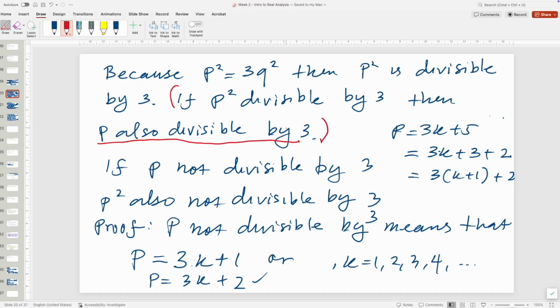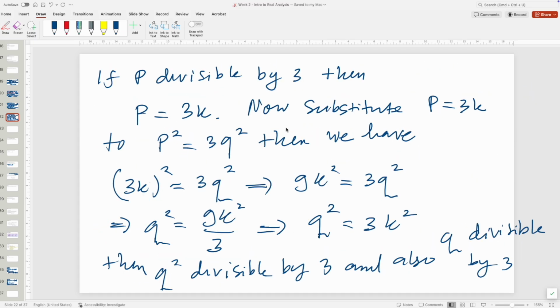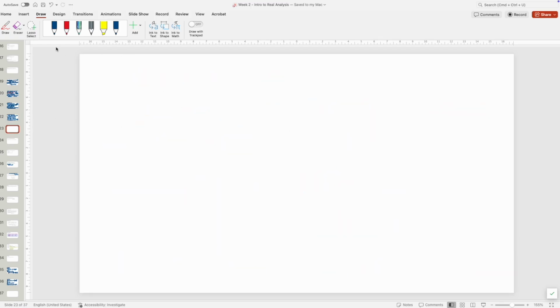You get the contradiction? We assume that p and q must be relatively prime. Okay? And then we get the fact that p is divisible by 3. And then, assuming again p divisible by 3, substitute, we get another fact that q is also divisible by 3. It means a contradiction with the previous statement.